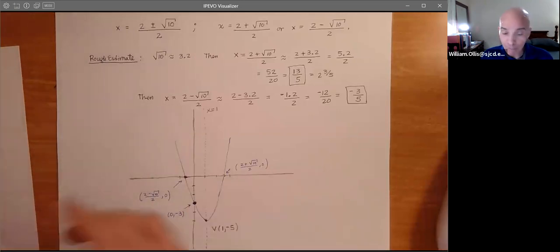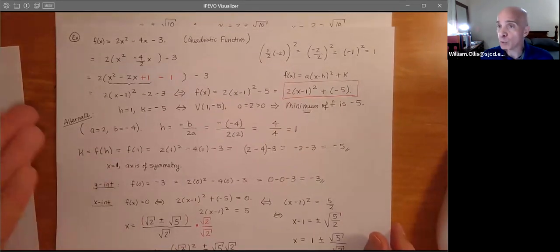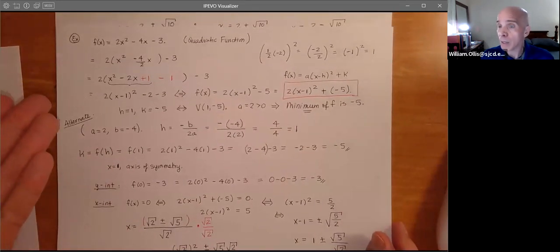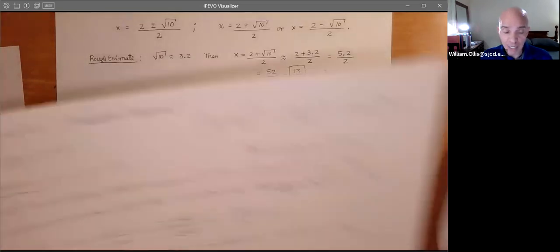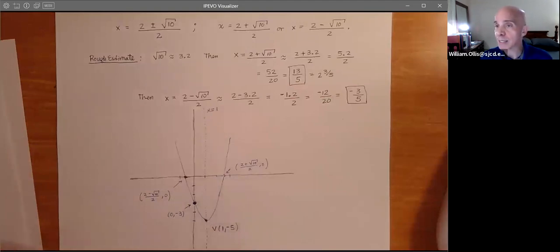When you think about it, we get a nice vertex, but the intercepts are not beautiful. I mean, we have them, and this would be kind of unfortunate in a calculus problem if you had these as limits of integration. So the idea is that when you hit this in calculus, you want to be able to navigate problems with quadratic functions with ease and competence.